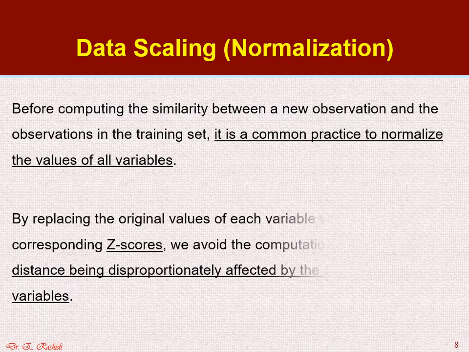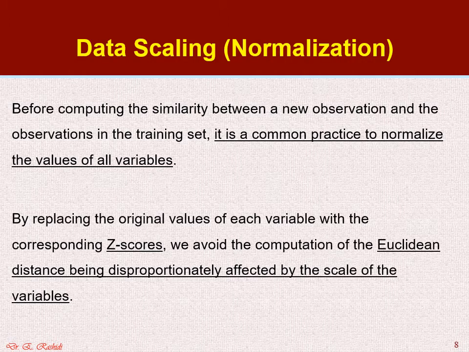By replacing the original values of each variable or feature with the corresponding z-scores, if you remember from statistics, we can avoid the computation of the Euclidean distance being disproportionately affected by the scale of the variables or features.